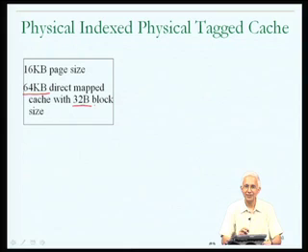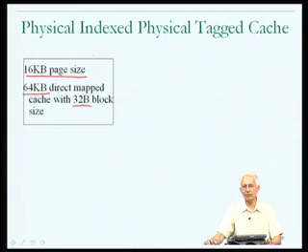In addition, since we are also going to be talking about address translation, remember that address translation involves mapping a virtual page number into a physical page number. So suddenly it also becomes important to know something about the page size. So this will also be a factor in the diagrams that we are going to look at.